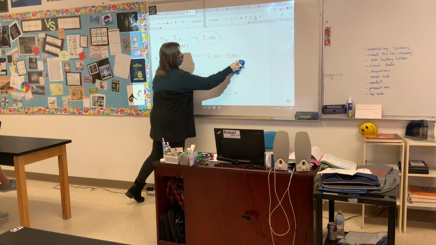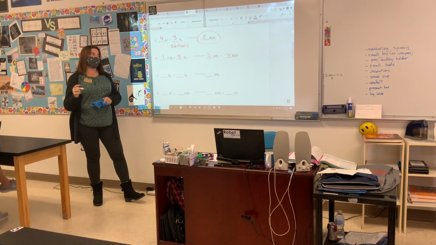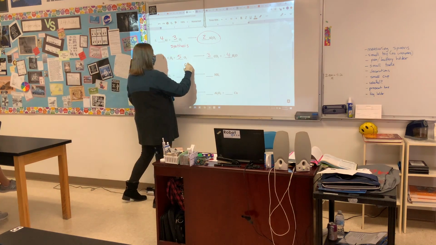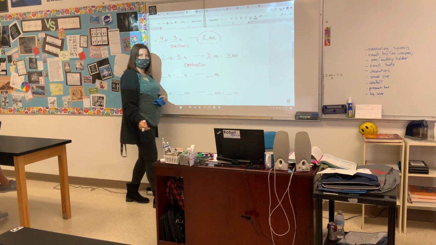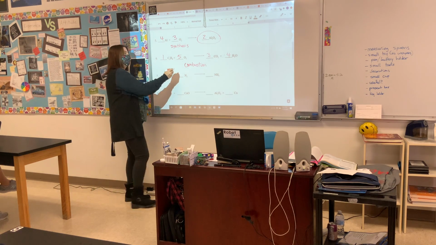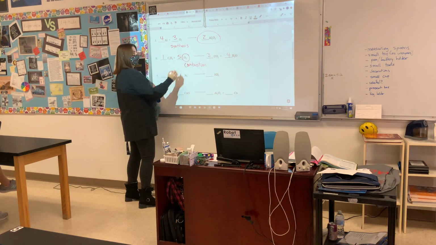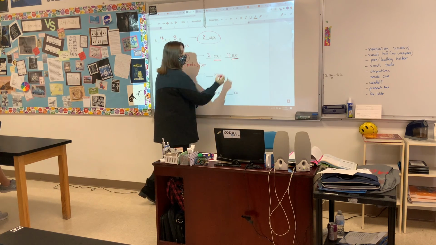No, it is not decomposition. Combustion. This one is your flammable. How do I know? Oxygen is a reactant, and carbon dioxide and water are products.